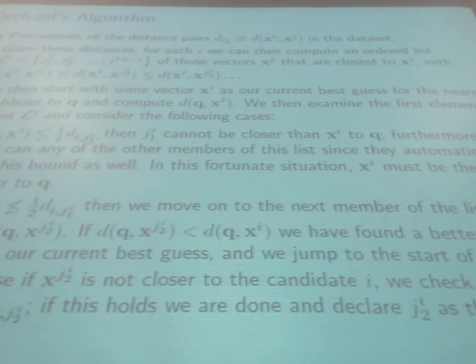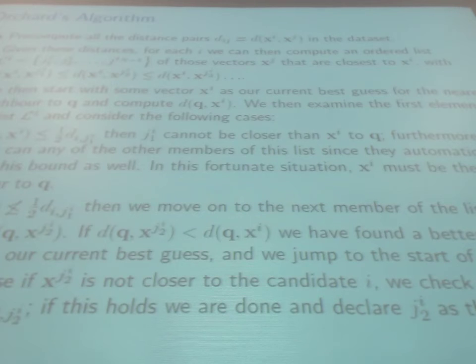And then for each data point xi, we form an ordered list of which points in the training set are closest to xi. This is a bit tricky notation, but li is the list for the ith training point.